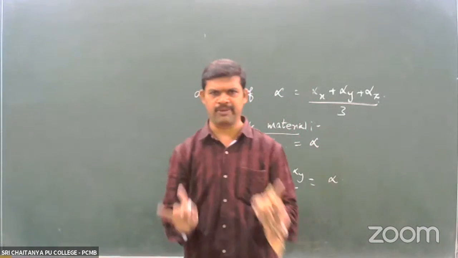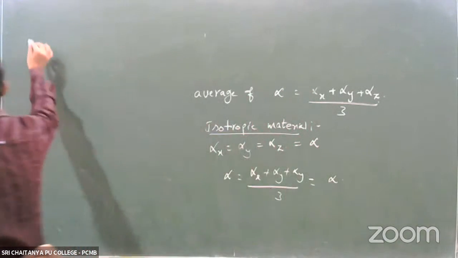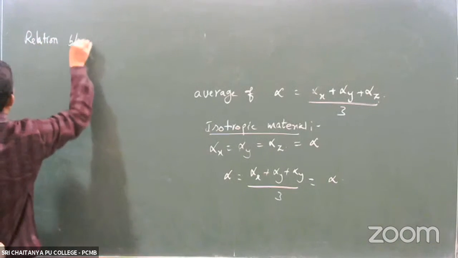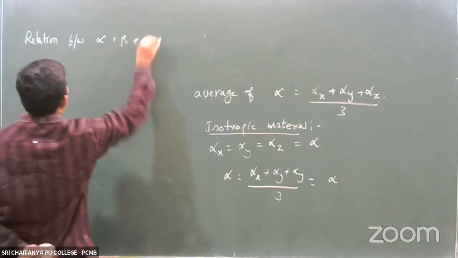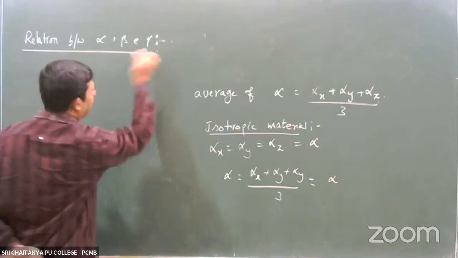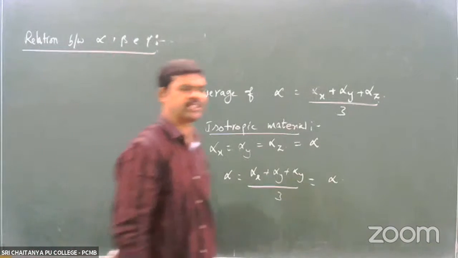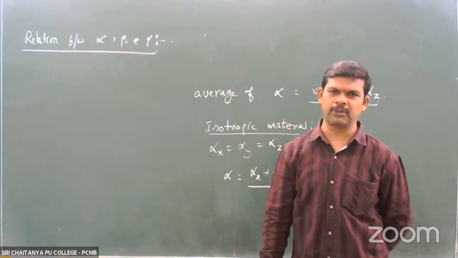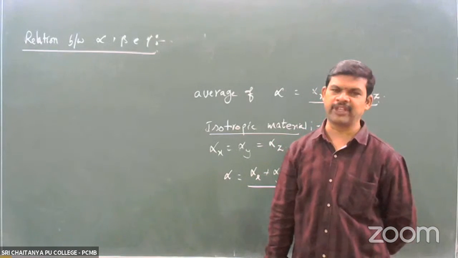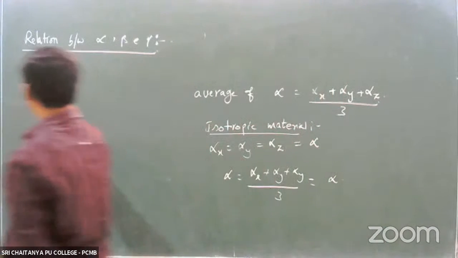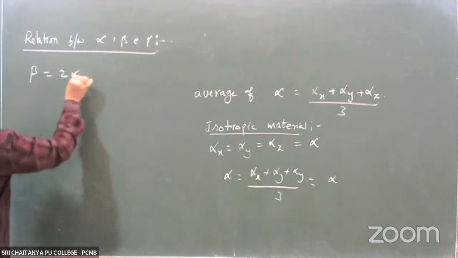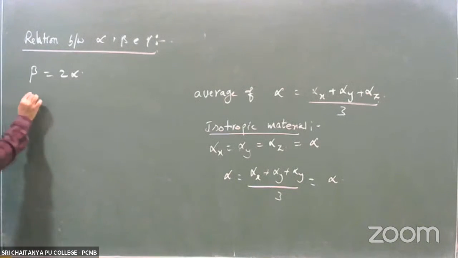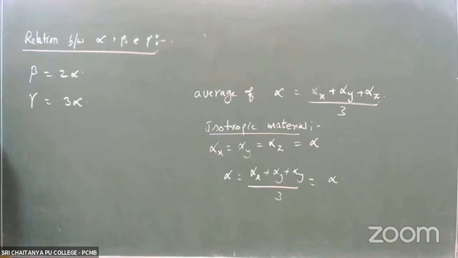Just for the exam's sake, I am revising. For a solid, where alpha is the coefficient of linear expansion, beta is the coefficient of areal expansion, gamma is the coefficient of volume expansion, what is the relation between those three? You know, beta is equal to 2 alpha, and gamma is equal to 3 alpha. You know it very well.